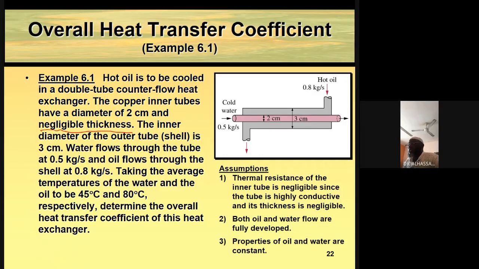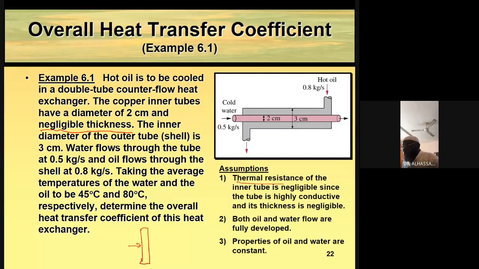So the moment they mention that a heat exchanger, in which a fluid is flowing through, has a negligible thickness, then you should know that the thermal resistance is as well neglected. For example, let's say we have a device of this thickness, in which heat is flowing through it.